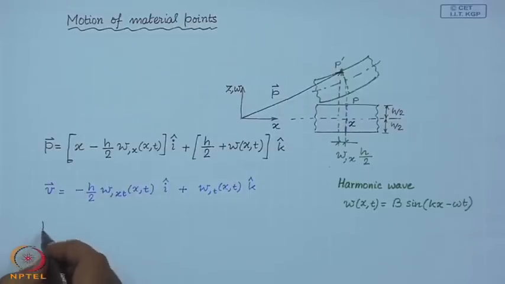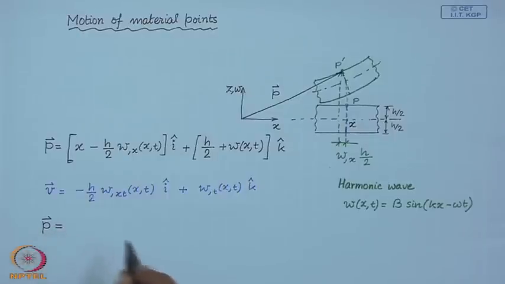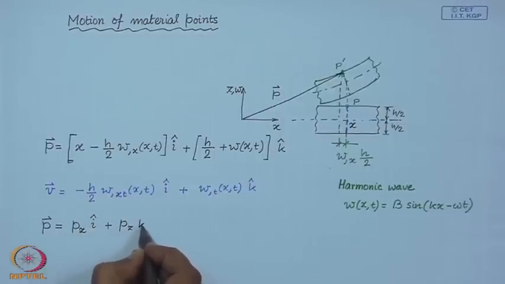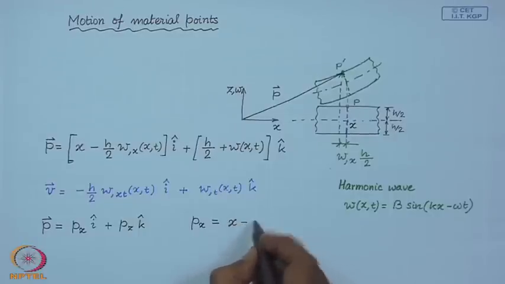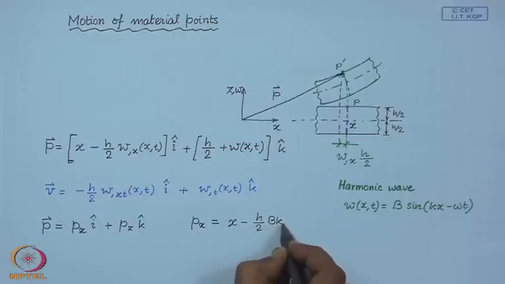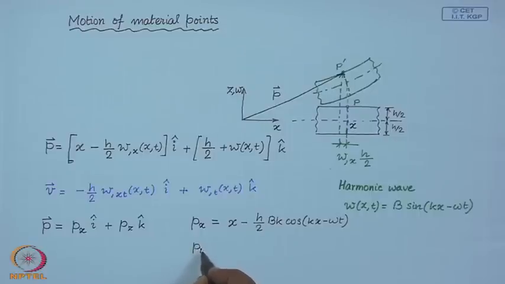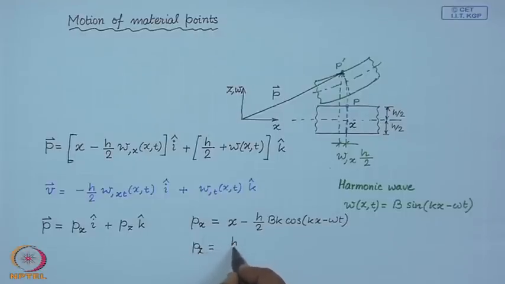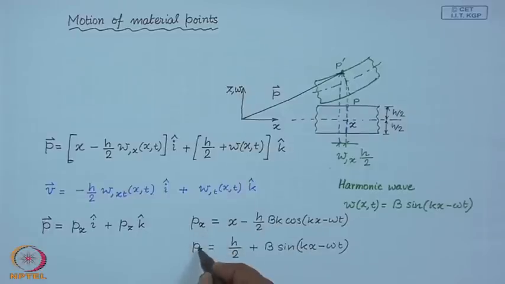Now, if you substitute in the position equation, then you obtain, if you write this as p x i cap plus p z k cap, then you obtain p x as this and p z as this. So, one is p x, the other is p z, these two coordinates.